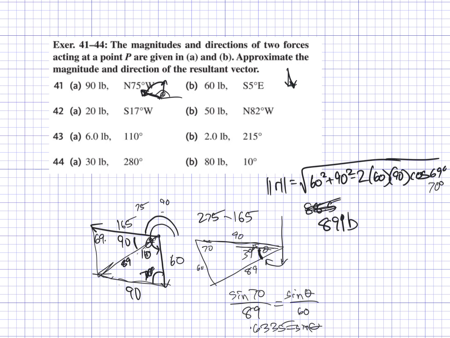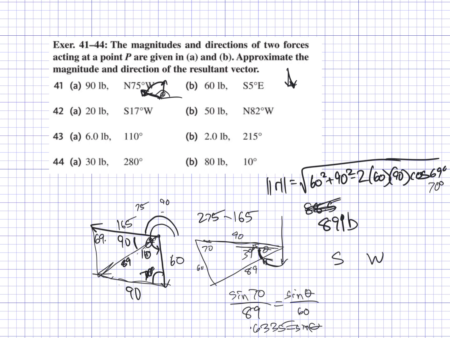Okay, and then how do you get the rest of that? So you want to get to that vector to see what that degree is. If you're heading south, how far are you turning to the west to get to that vector? That's what we're trying to figure out.